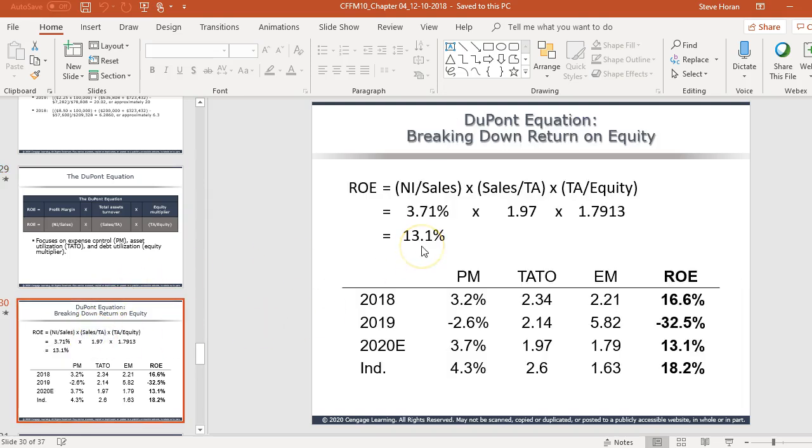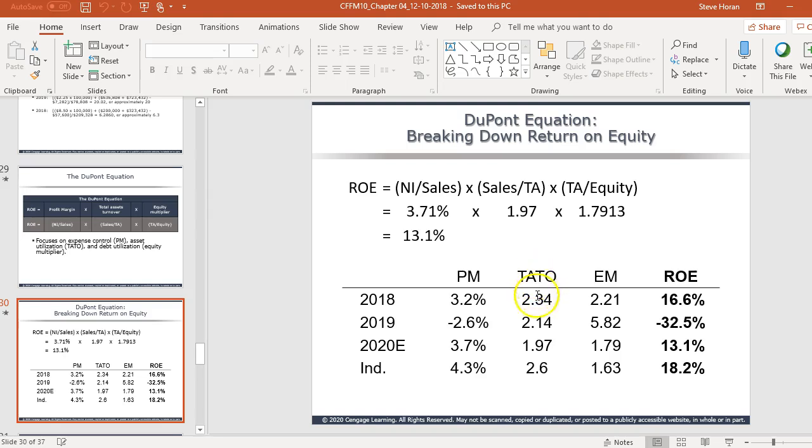Okay, and then what they're going to do for our company is just use those same numbers and break it down. What's nice about using the DuPont equation is you just multiply these three ratios by themselves, you get this answer on the right. And what's nice about doing it this way is you see which one of the three categories is causing your numbers to be good or bad, right? We've got the industry average at the bottom row here. You look at profit margin, good news is in 2020, it's trending up, and it's still below industry, but it's pretty good.